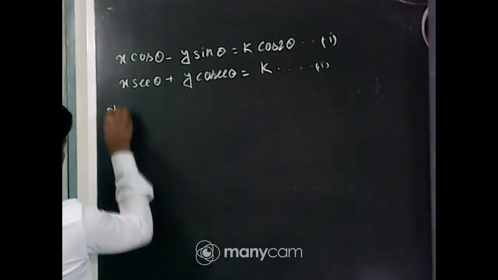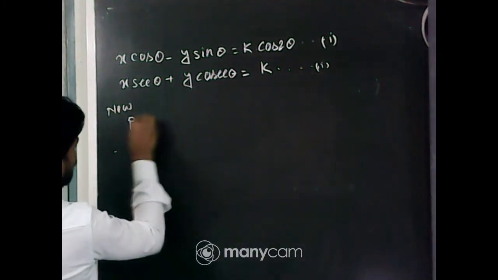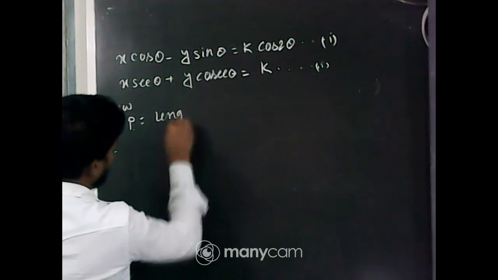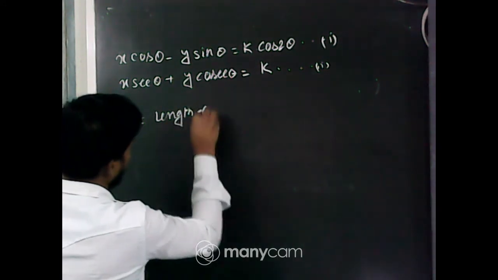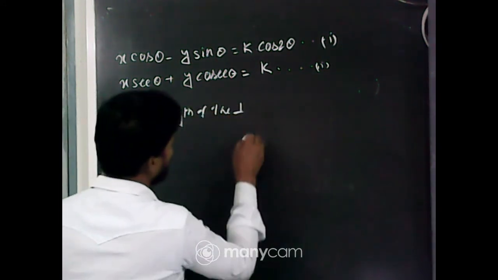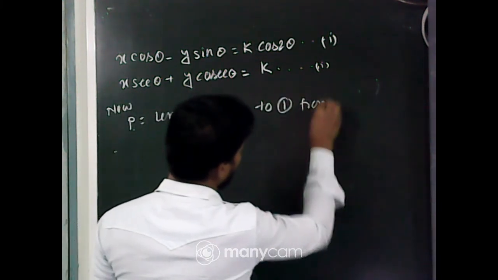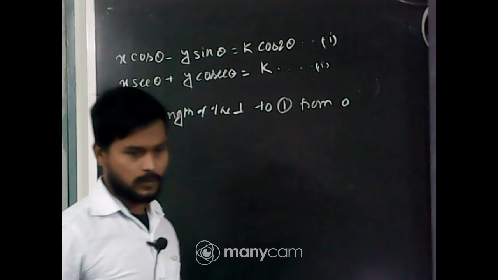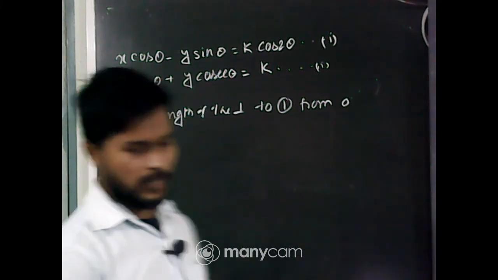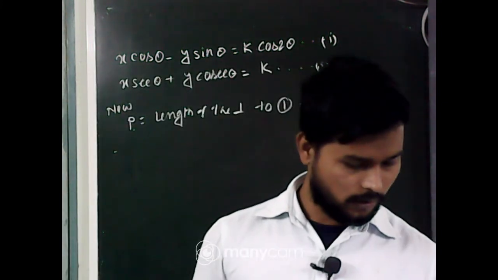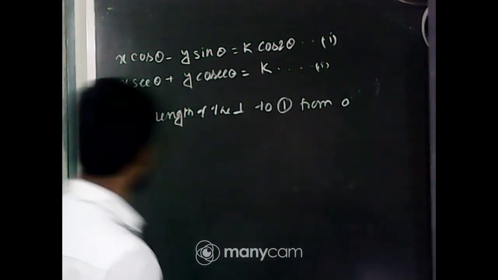Now P is the length of the perpendicular to equation number 1 from the origin, isn't it? P is the length of the perpendicular from the origin. So what will be the value of P?